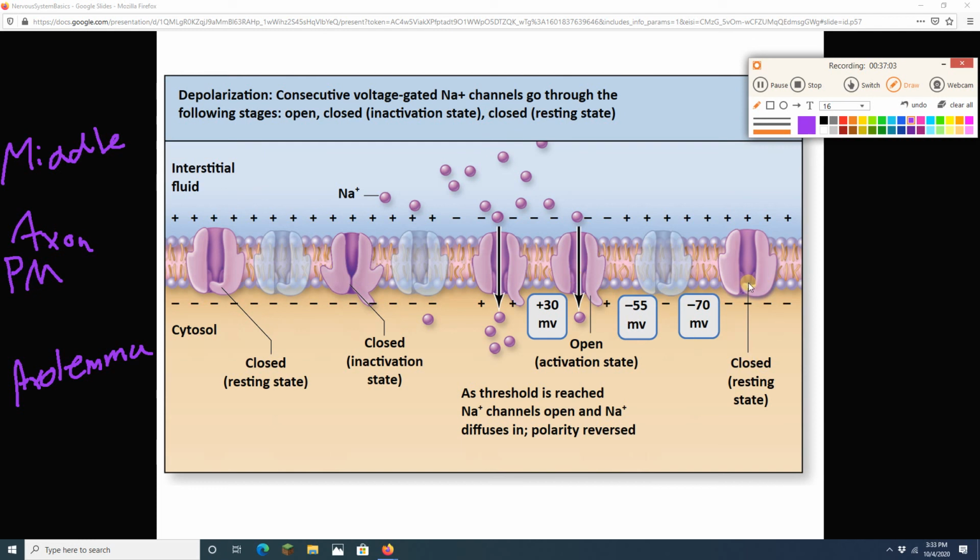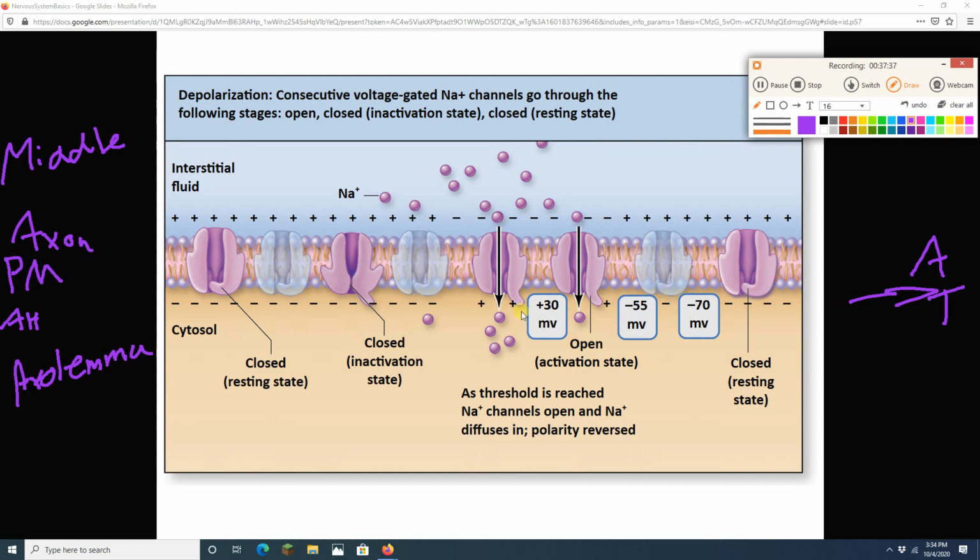This next guy downstream here, if we kept going, the axon terminal would be down in this direction, okay? The axon hillock would be over here in this direction. All right? So these guys are open right here. This area right here is depolarized. It's positive 30. It depolarized like crazy. It depolarized because these sodium channels are open, which means sodium must be rushing in.